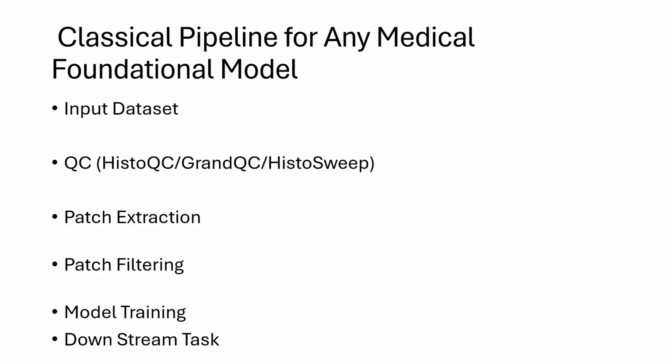And what is the classical pipeline of any medical foundational model? You have a data set, you have to do some QC, patch extraction, then patch filtering, then training, then downstream tasks. This is a conventional pipeline for any model you are going to use. So if you are applying to any domain, such as histopathology, you have to go through these steps.